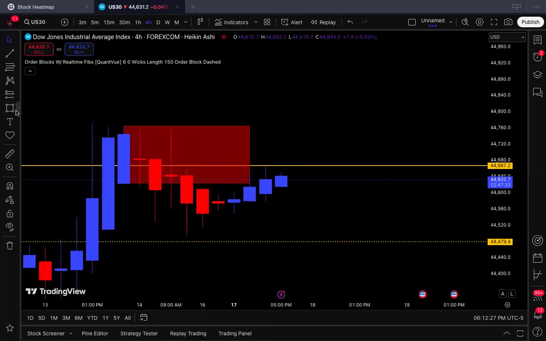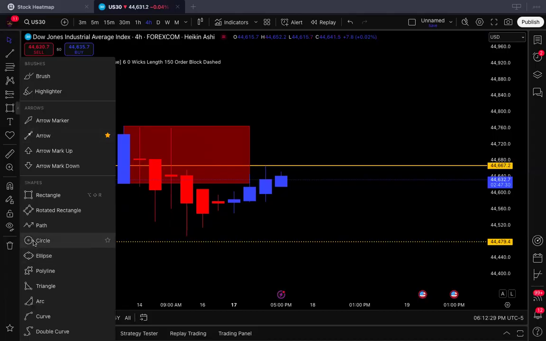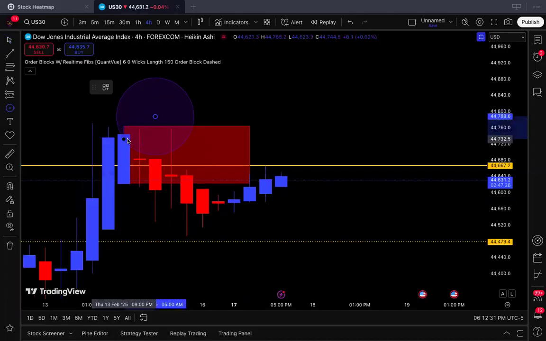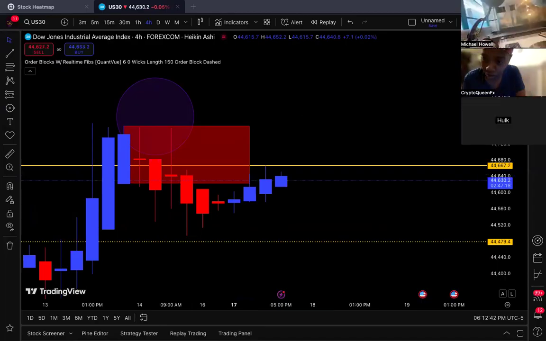Let me point it out so y'all can see what I'm talking about. Look in this area right here. Now you see? Can y'all see that?